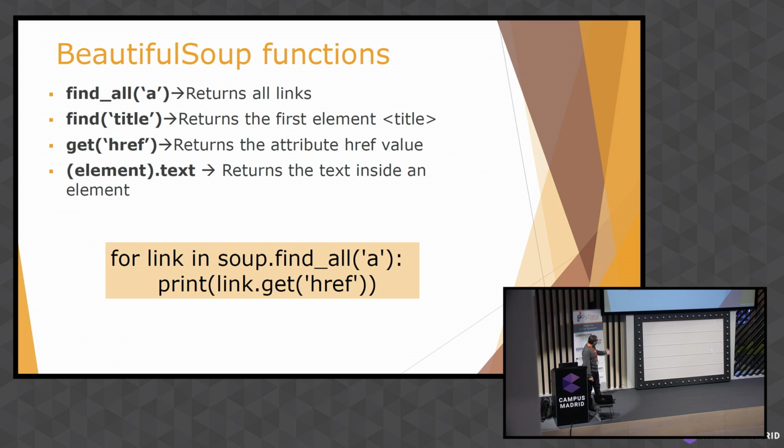And basically, in this example, if we want to get the links of a URL, basically we use the find_all function over the Beautiful Soup object and access the href attribute with the get method.